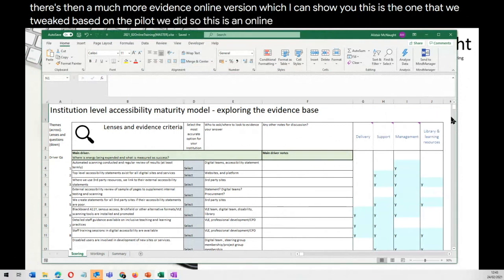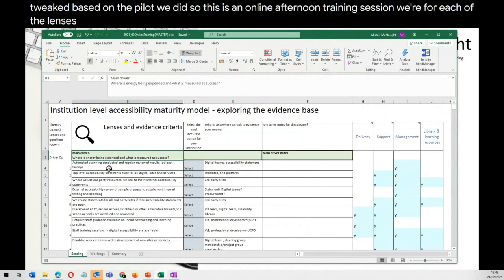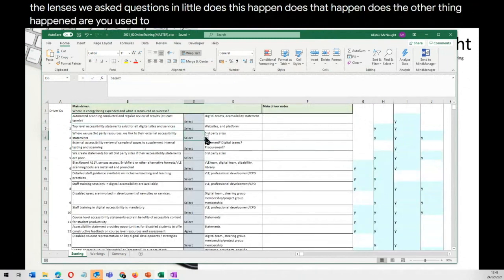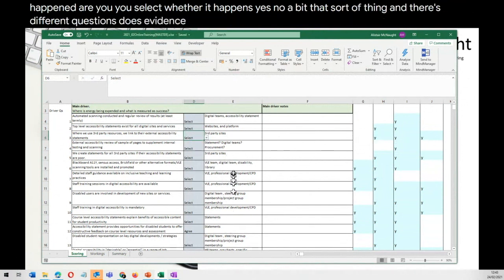So this is an online afternoon training session where for each of the lenses, we ask questions. You know, does this happen? Does that happen? Does the other thing happen? And you select whether it happens: yes, no, a bit, that sort of thing. And for those different questions, there's evidence there, sources of evidence. So it's not touchy-feely. This is really, is it there?